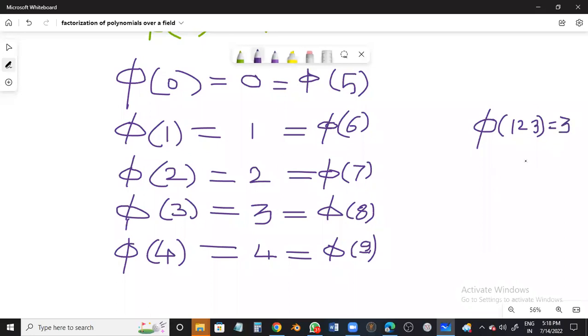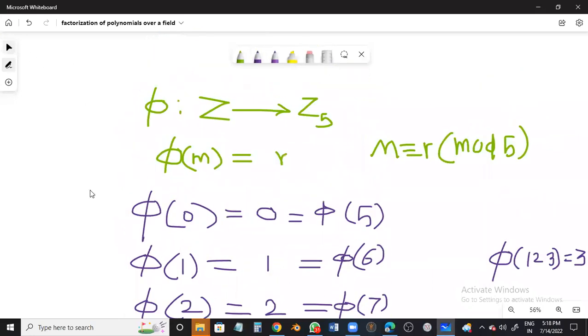That's certain, so phi of 123 is going to be 3. You are very correct. So I think you got the concept of phi of m equal to r.